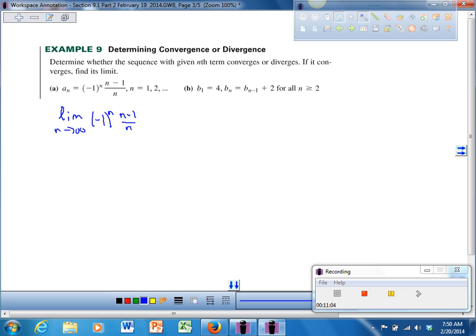But what is this negative 1 to the n going to do in front of it? When n is even, it'll be positive. And we would end up with positive 1, essentially. And if n is odd, then we get a negative power in front. So, as n gets huge, what's happening is that our sequence is bouncing back and forth between 1 and negative 1.